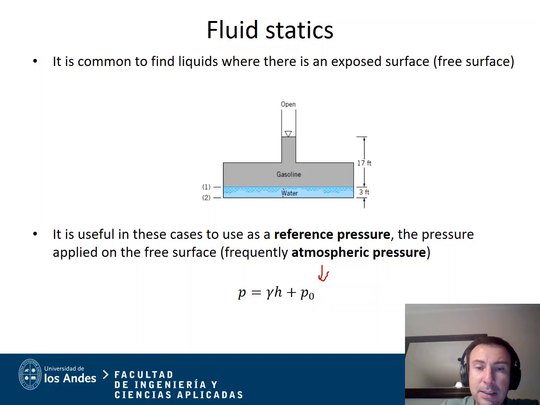Let me erase this and re-explain this. So imagine that you know this pressure, right? The pressure at this point, at this surface, is equal to, let's say, P0, atmospheric pressure. So if you want to know how much pressure you feel here, it's basically the pressure here plus the pressure generated by this column of water.